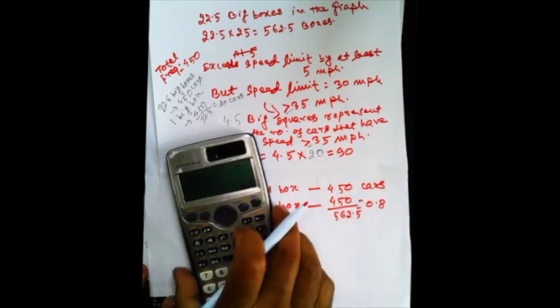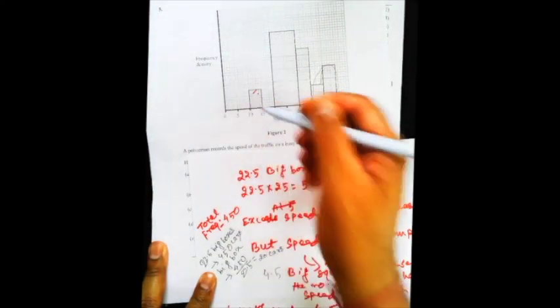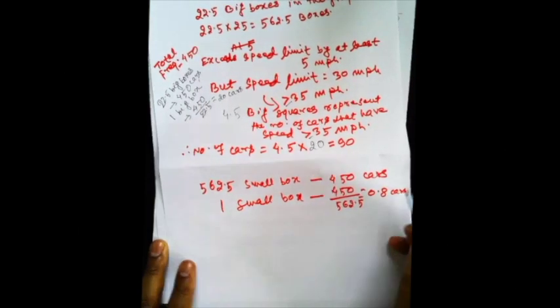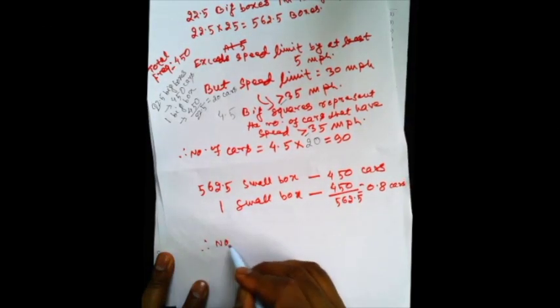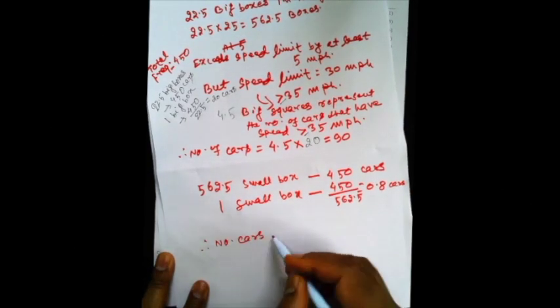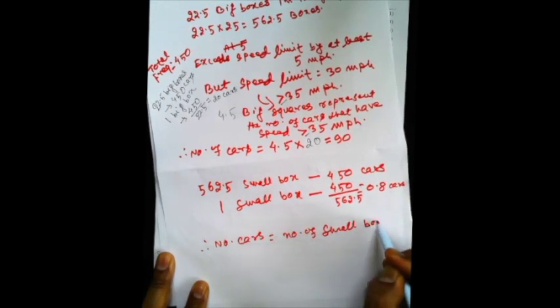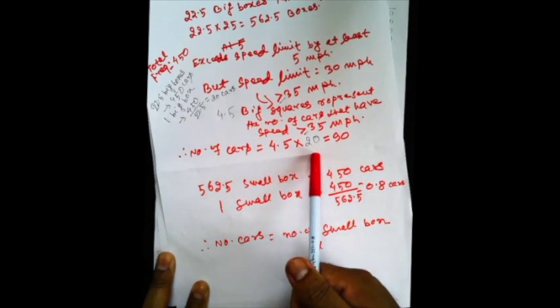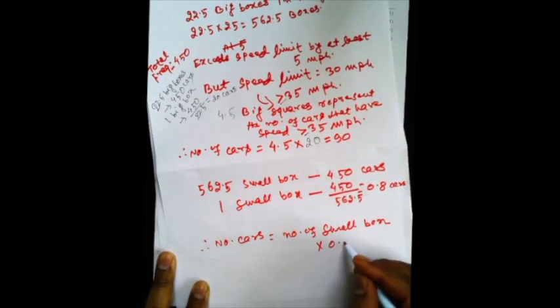So a small box has how many cars? 0.8 cars. Then the number of cars equals the number of small boxes times, it was 20 before for the big box, but for the small box there are how many cars? 0.8 cars.